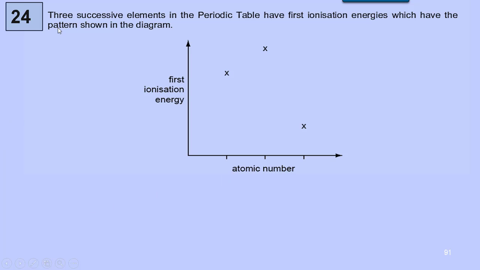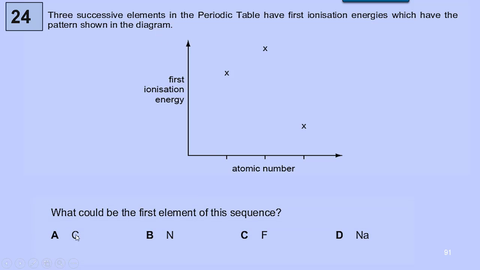3 successive elements in the periodic table have the first ionization energies which have the pattern shown in the diagram. What could be the first element of this sequence? Let's suppose that the highest element is a noble gas and the element we start with is an element from 7A or halogens group, and the last one is an element from group 1A.